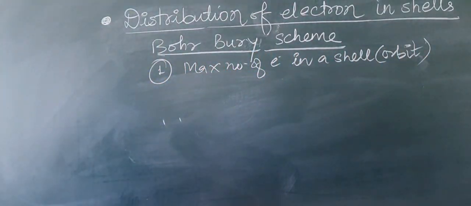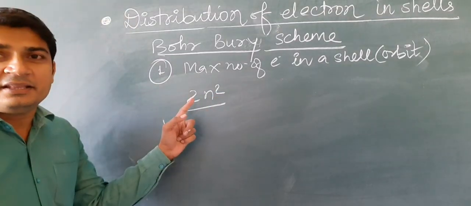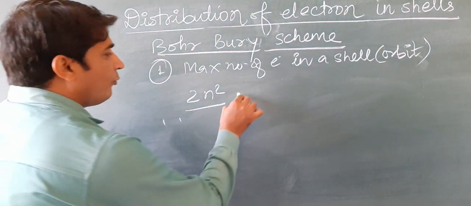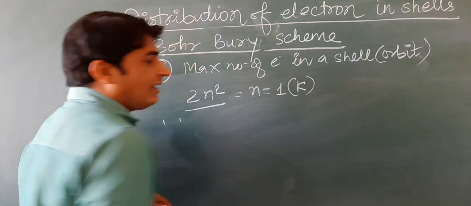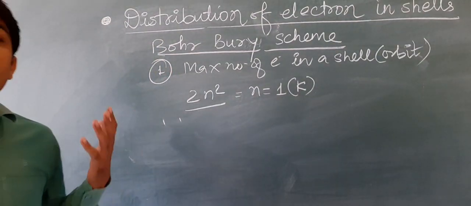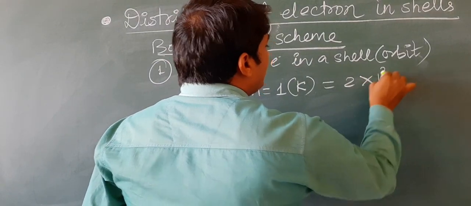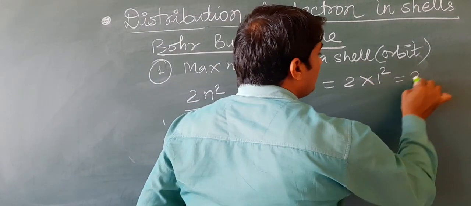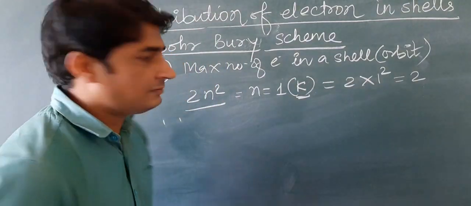Okay, it was given by a formula 2n square, where n represents the number of cell. Okay, for example, if n is 1, it means K cell. How many maximum electrons can be filled in the first cell? It would be 2 into, in place of n we can put 1. So 2 electrons can be filled in the first cell, or we can say K cell.